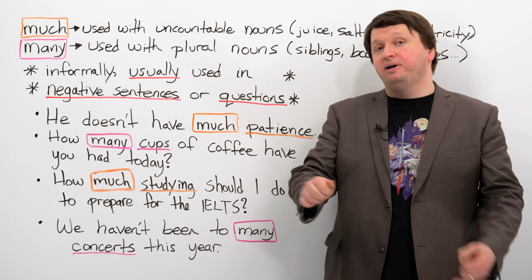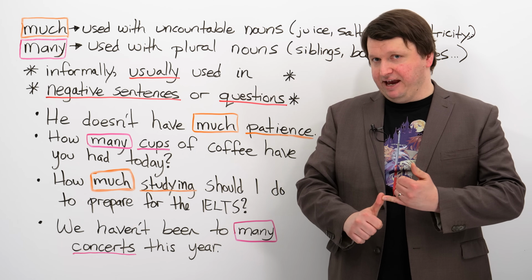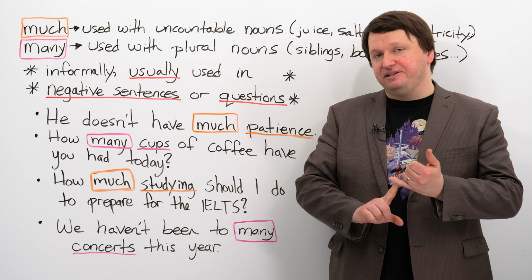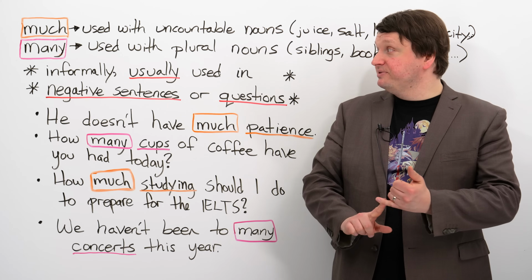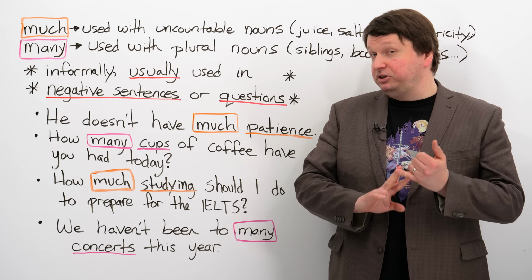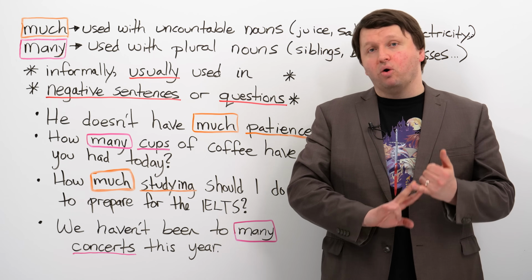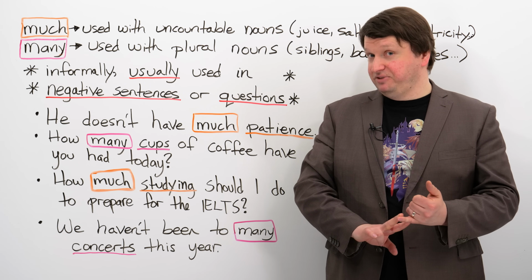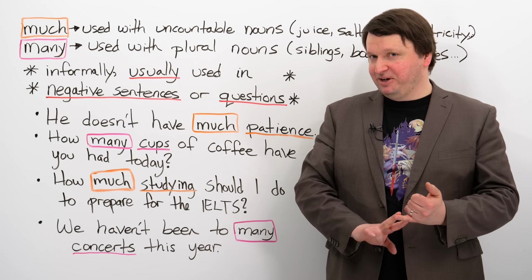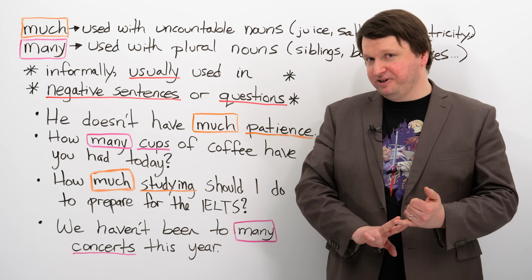So just to review, much is used with uncountable nouns. Many is used with plural count nouns. Informally, usually much and many are used in negative sentences or questions. You're okay so far? Okay, let's go to the next board.